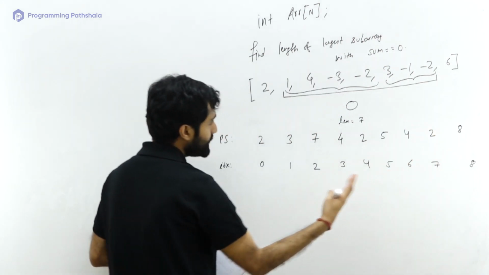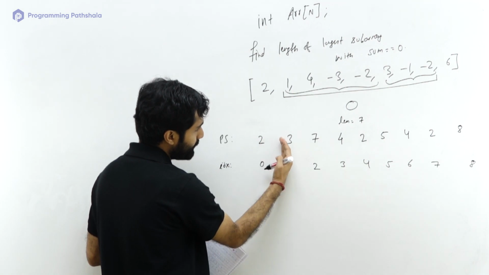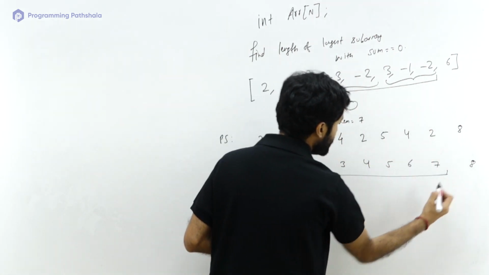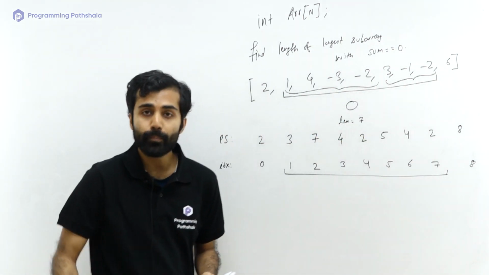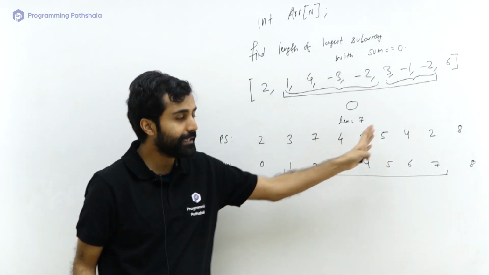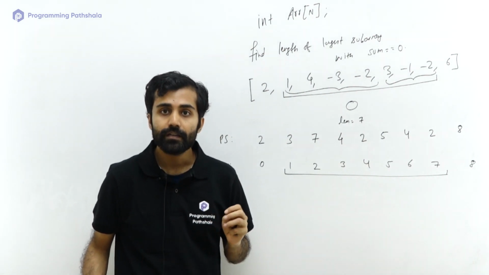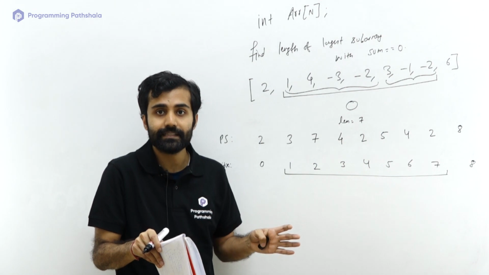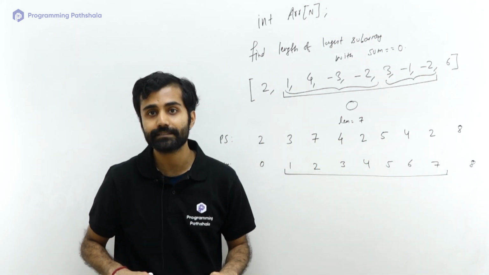So you would be tempted to say that the part that comes after this 2 till this 2, which is from index 1 till index 7, will also have a sum of 0, and yes, that is the case. So the point is that a particular prefix sum could be repeated at multiple different indices. If you pick any pair of repetition, then the part that lies in between them will definitely have a sum of 0.